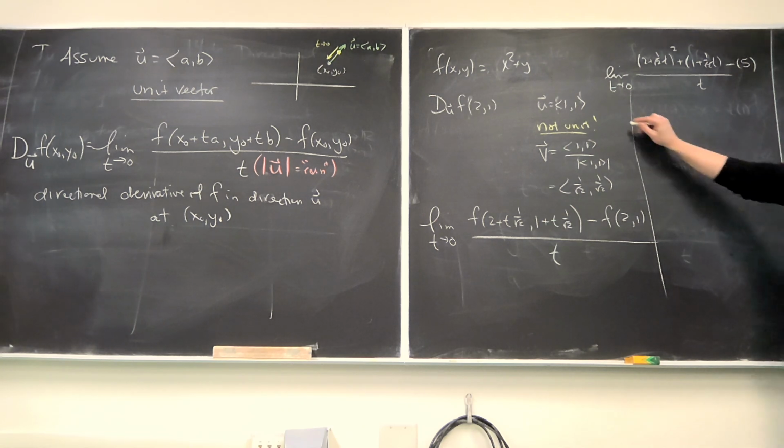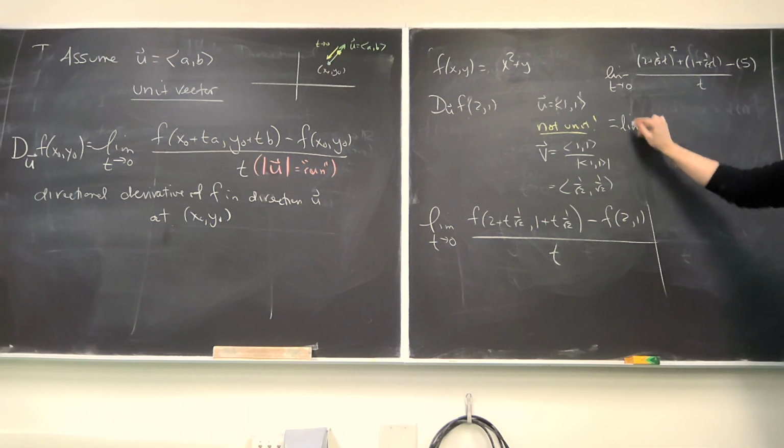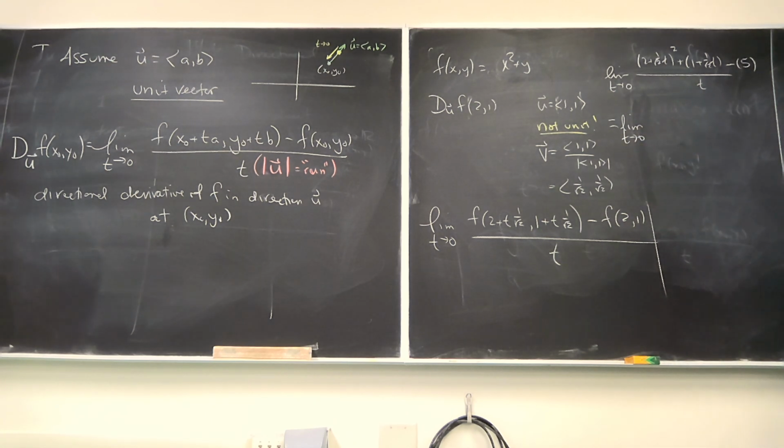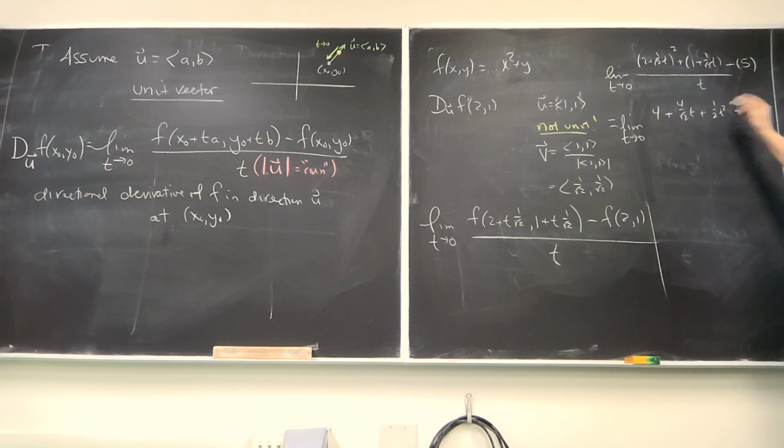I think this ends up working though. I guess if we're feeling masochistic, we could just continue our calculation. It's like a cup of coffee in the morning, calculating some ridiculous derivative. 2 squared is 4, and I'm going to get 4 over root 2 t plus 1/2 of a t squared minus 5. Oh, I forgot something: plus 1 over root 2 t minus 5, all divided by t.